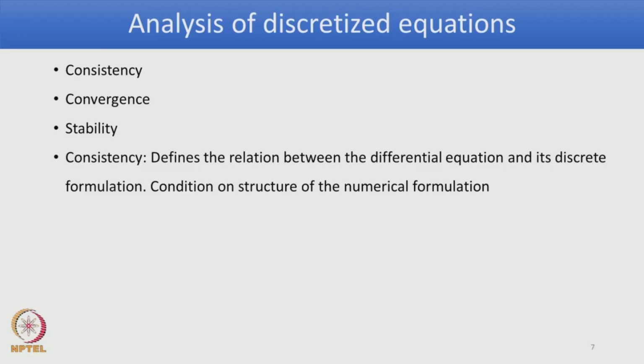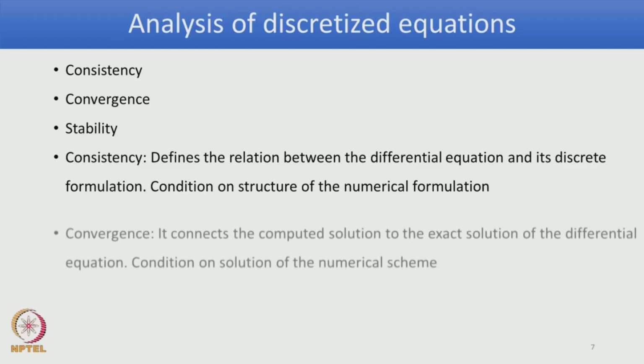We have an original or given PDE, then we replace that PDE with a discretized form and we get a discrete formulation. Now, whether the discrete formulation actually represents the original PDE is the question, and that property or condition is what is known as consistency. So, it is a condition on the structure of the numerical formulation.